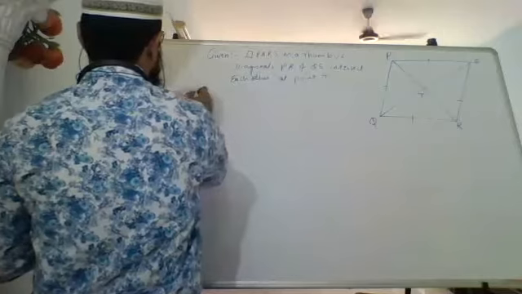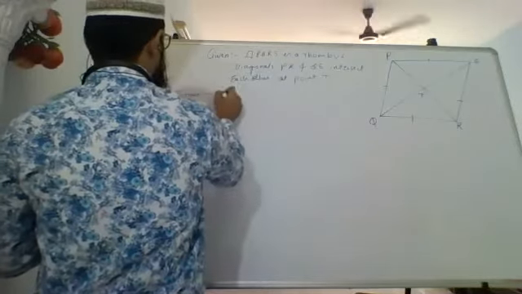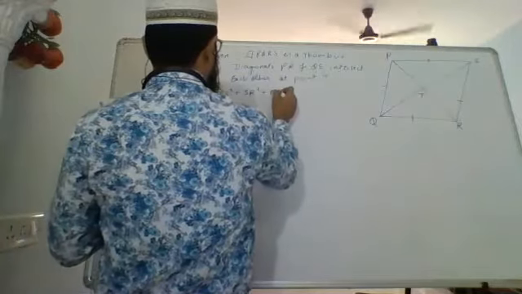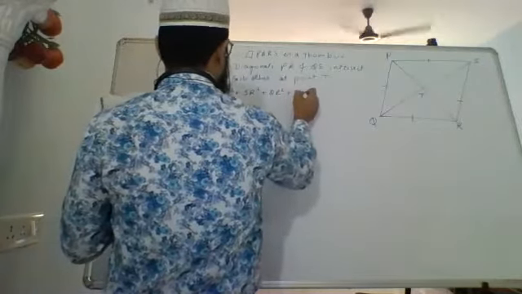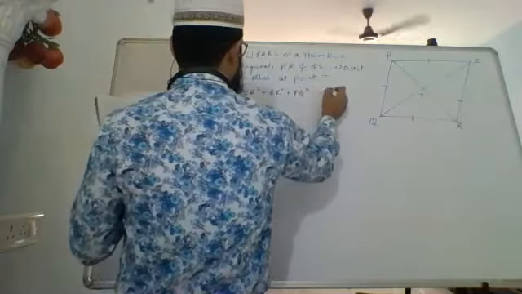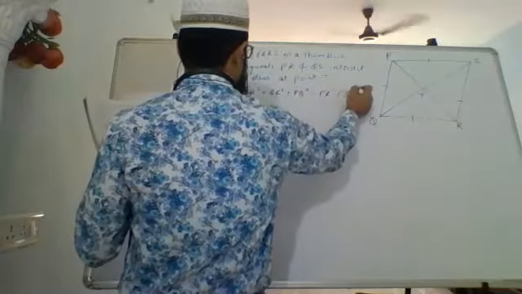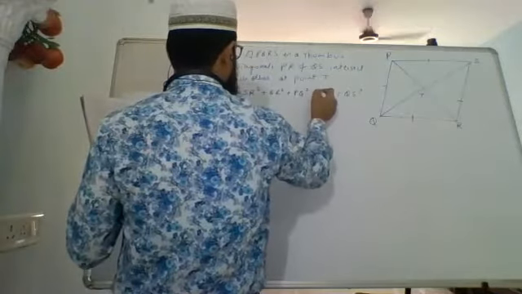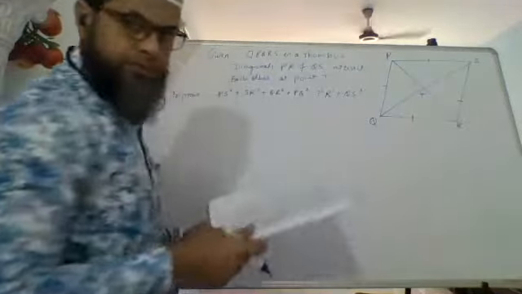To prove: PS square plus SR square plus QR square plus PQ square equals PR square plus QS square. This is what we have to prove.